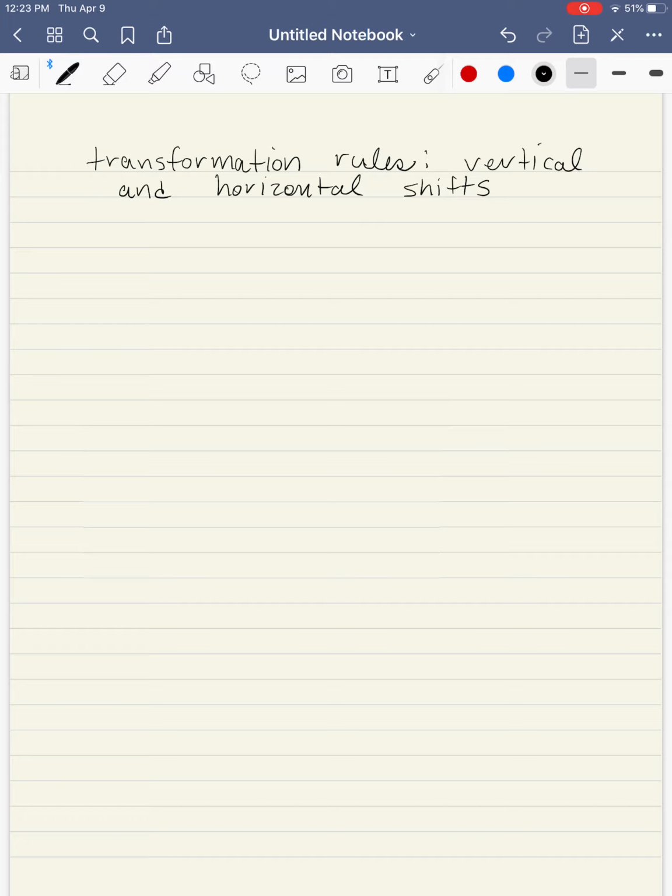In our last lesson, we looked at the shapes of some basic graphs. What we're going to learn about in this lesson is if we have a function that starts out as one of those basic functions and then has some numbers added or subtracted.